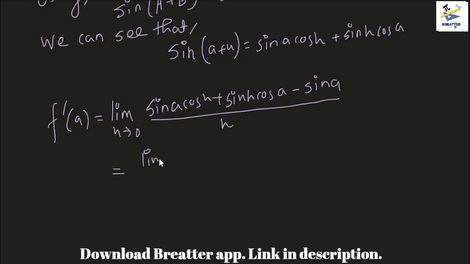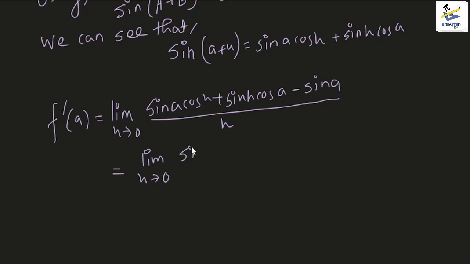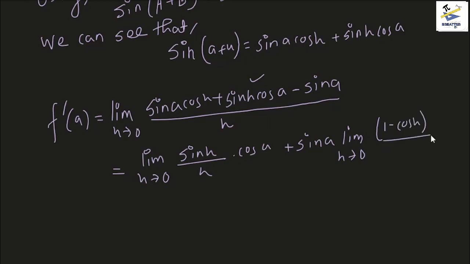So what we can do is limit h tends to 0 of sin h by h into cos a. So we can just take the second term here, and we can take the first term sin a common, and we can write limit h tends to 0 of 1 minus cos of h by h, right?